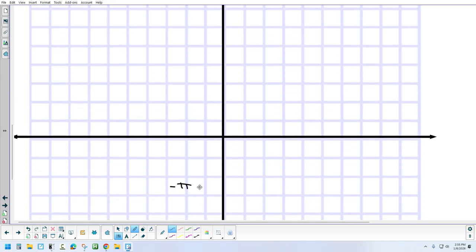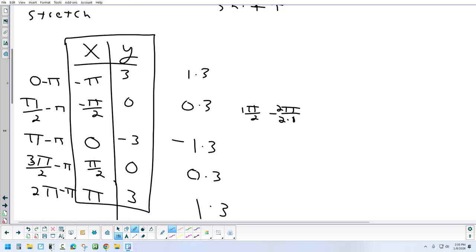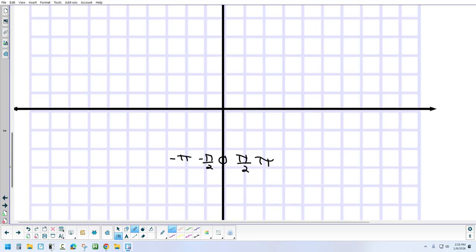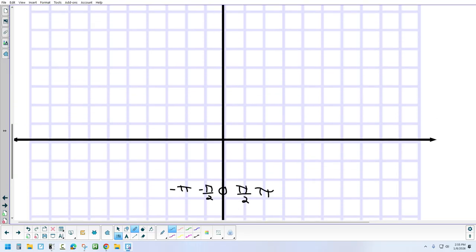Then we'll do negative pi over 2, 0, pi over 2, and pi. Okay, what's the highest y value that we need? 3. And the lowest? Negative 3. So what I'm going to do is go by 3s on my y-axis. So this will be 0, this will be 3, and that'll be negative 3.